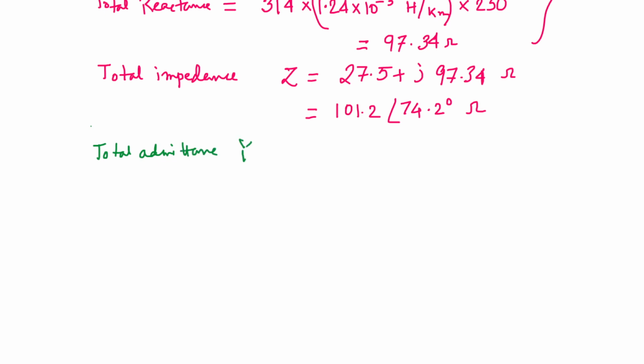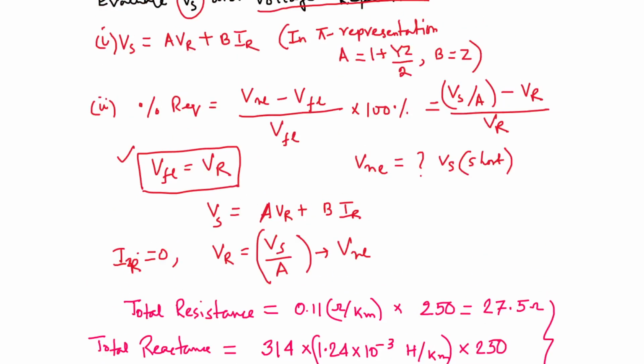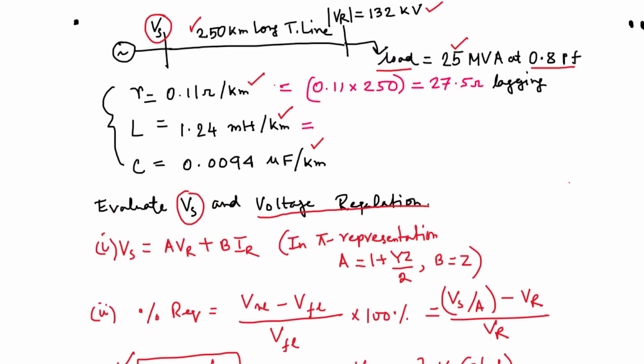Total admittance Y is equal to j omega C multiplied by L, that is the length of the line. So j 314 into C. C is how much? 0.0094 microfarad per kilometer.